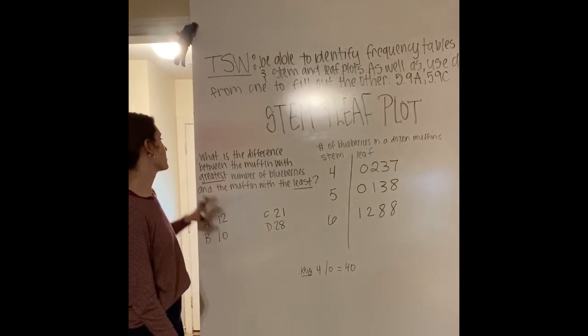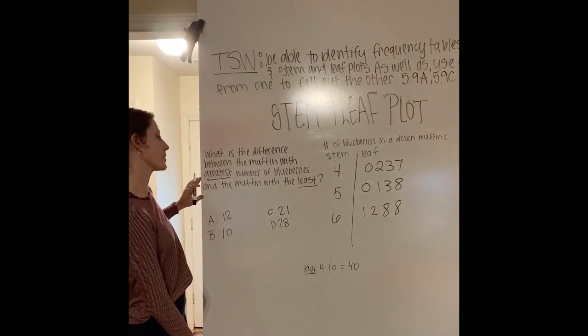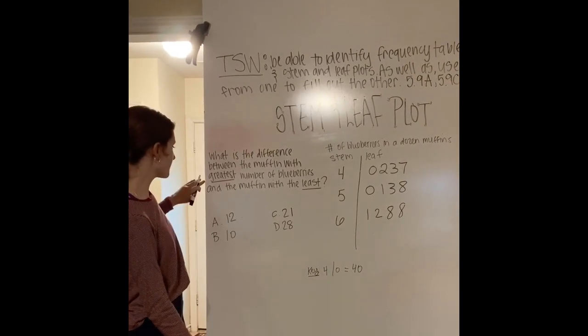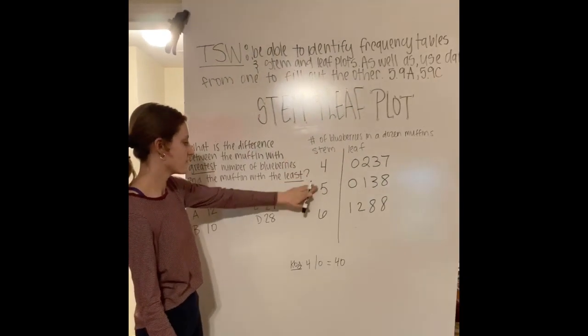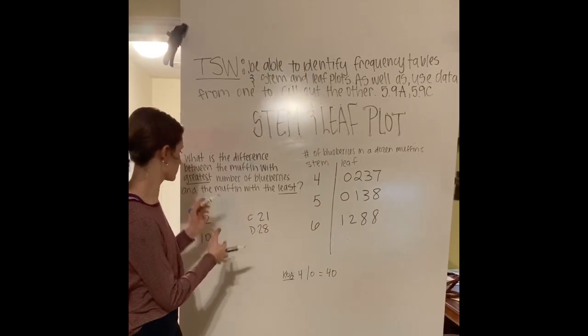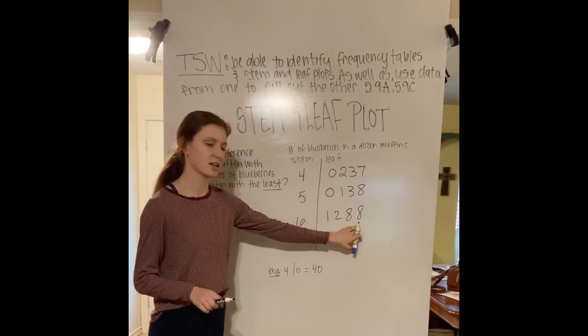Okay, so what is the difference between the muffin with the greatest number of blueberries and the muffin with the least amount of blueberries? So for the muffin with the greatest number of blueberries, we're going to look at our stem and find the greatest stem, which is 6. And our greatest leaf is 8.